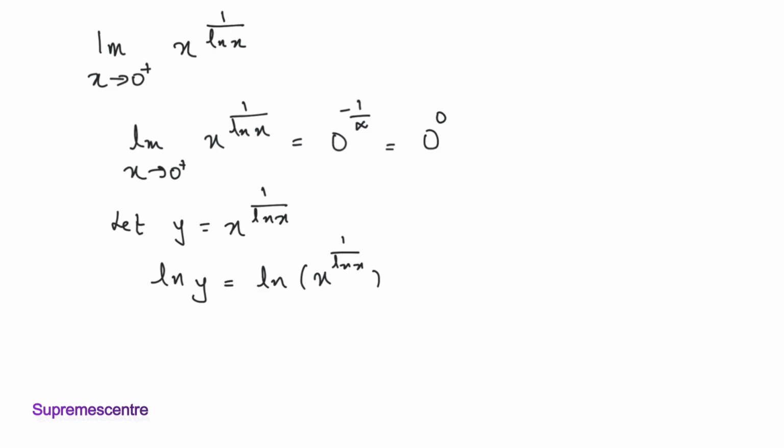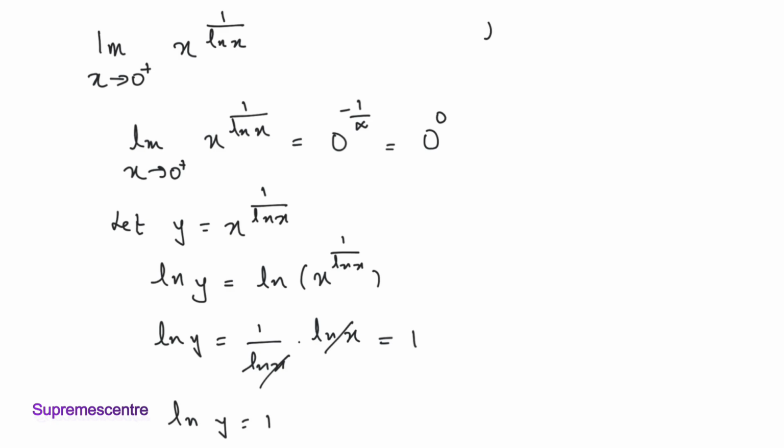So now I have ln y is equal to 1 by ln x into ln x. So this is the power rule. I have brought this in the front. So now ln x cancels and I get the answer as 1. So the value of ln y is equal to 1.